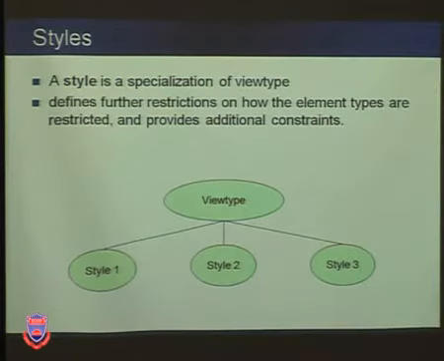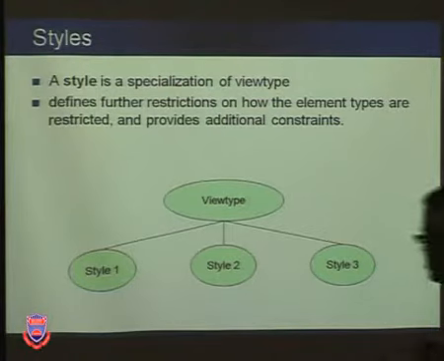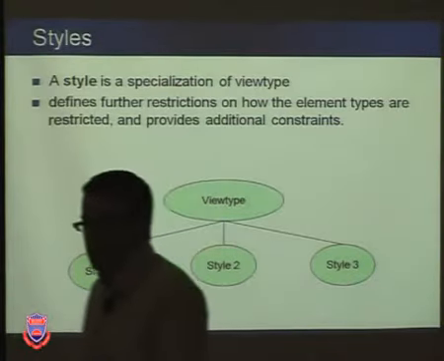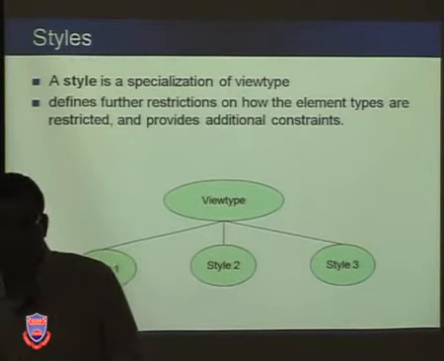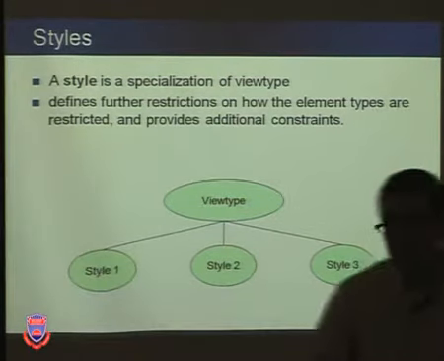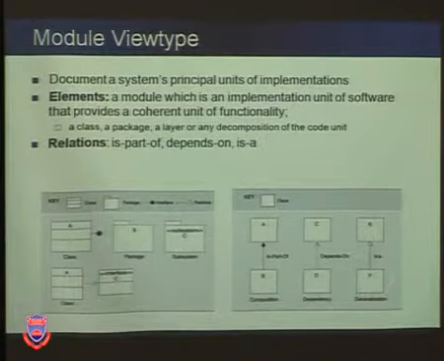What is an architectural style? It's also a template from which you can derive views, but it's a specialization of view type. It provides just additional constraints on what to select from the view type. So you have the module view type, the overall view type.